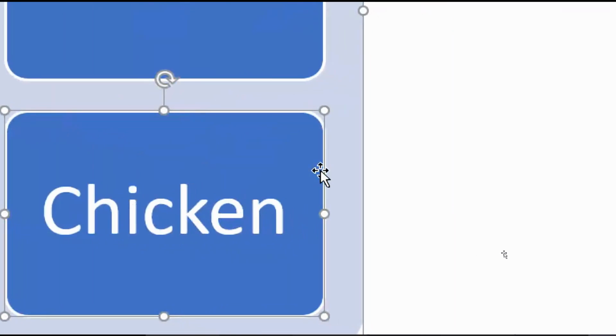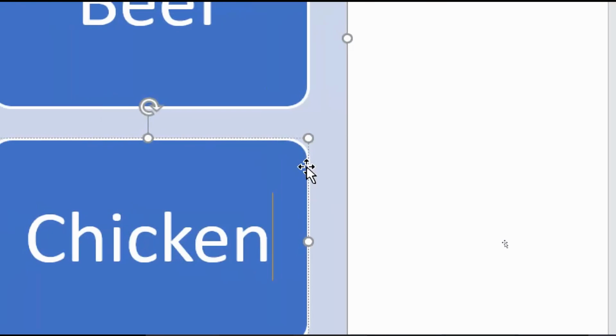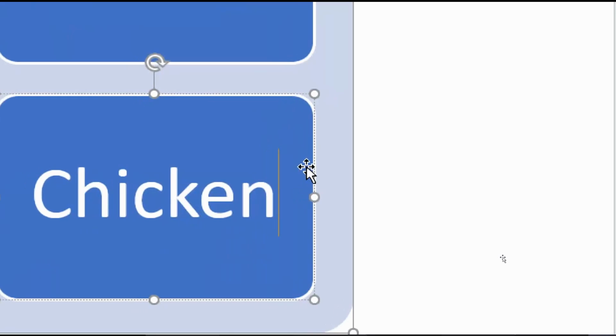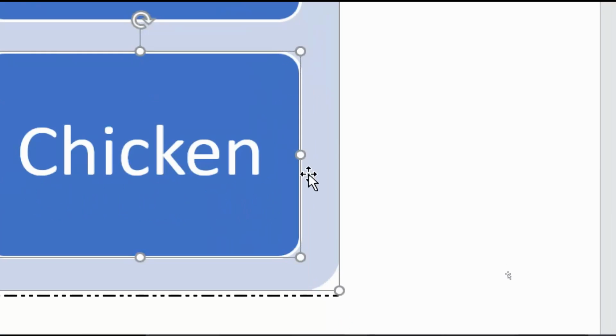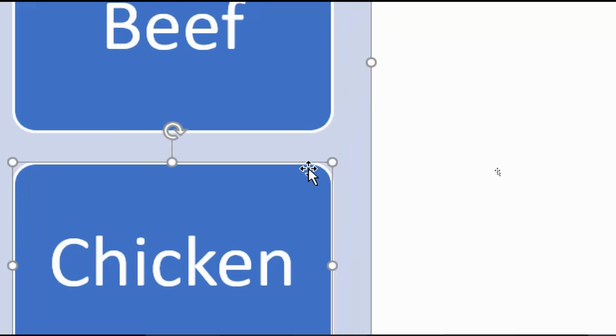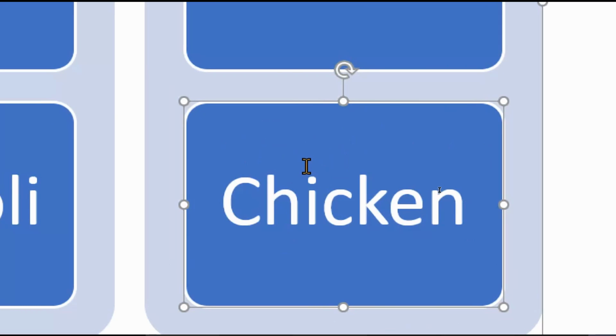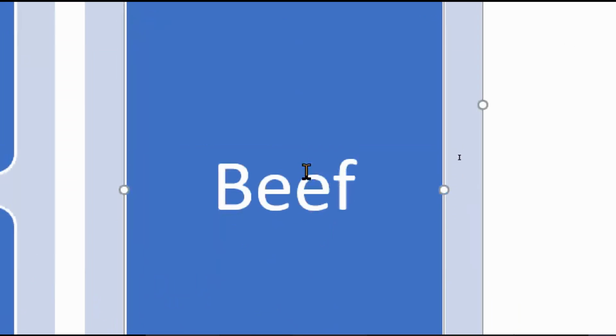So we come over to the rightmost, and I want to get rid of all those lines. Let me try clicking out of this. This can be a little bit precise. And okay, so we have selected just this one, and we press the delete key, and it's gone, and now all we have is beef.